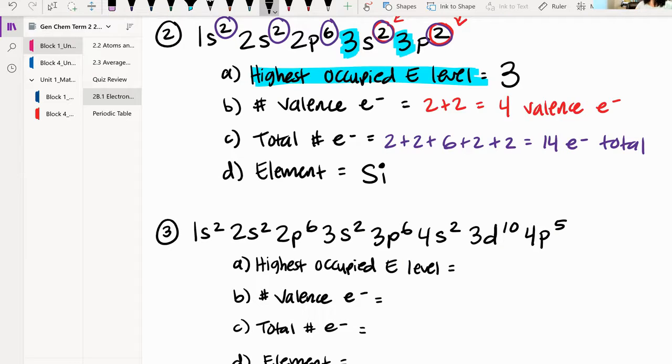We'll do the same process. Given this electron configuration, this address, if you would say.